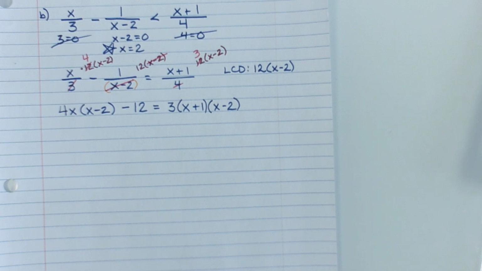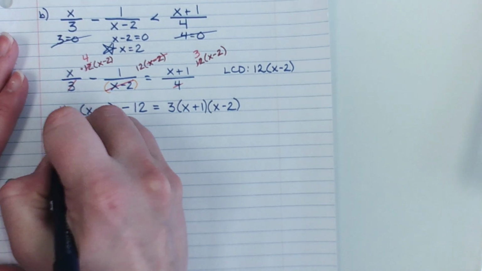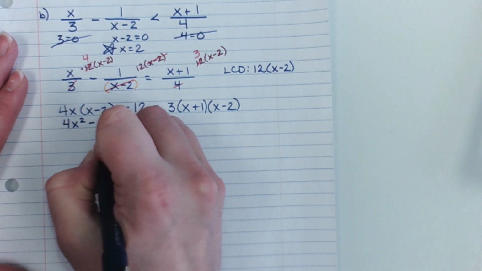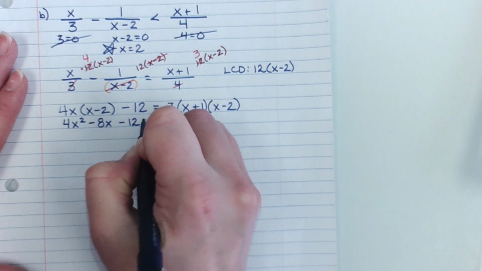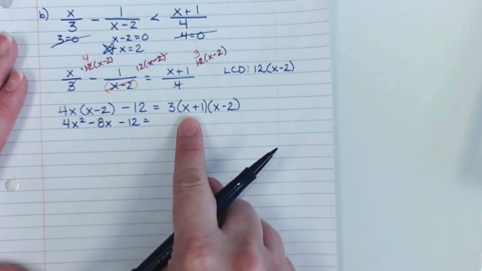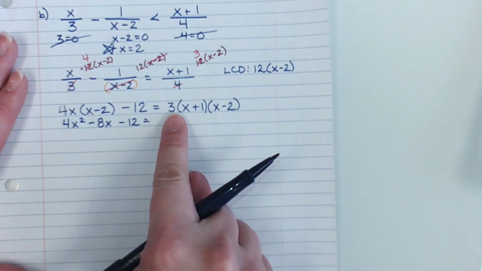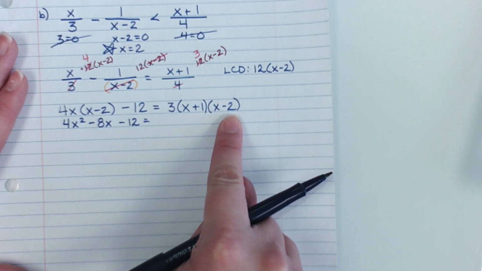Okay, we're going to distribute out. This side's pretty easy to distribute. 4x times x is 4x squared. 4x times negative 2 is negative 8x. Then we've got this minus 12. On this side, I'm having to distribute multiple times. You want to distribute the 3 first or the x plus 1 and the x minus 2 first? I heard the 3 first.